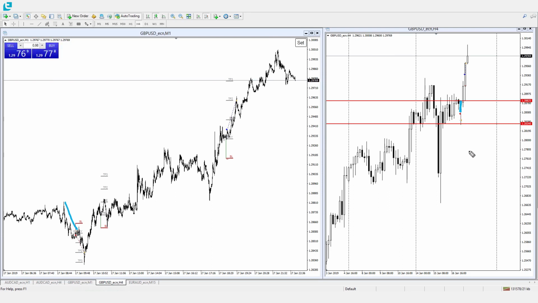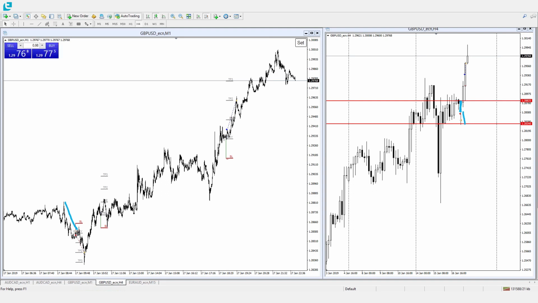So for me, that was a clear indication. Yes, this will go down and will probably go down until this lower line I marked here. And you can clearly see it went down exactly to that line.